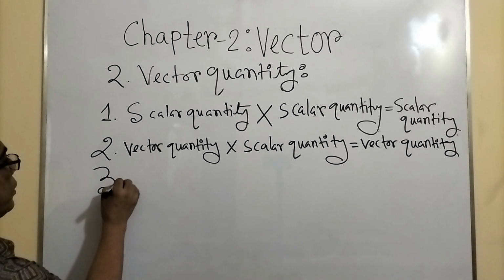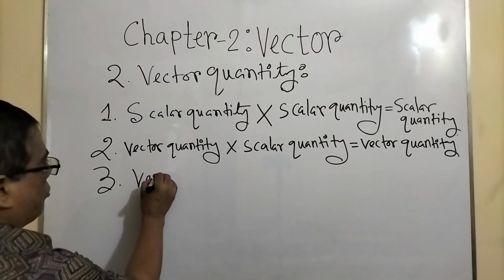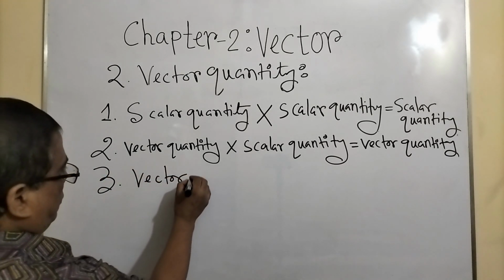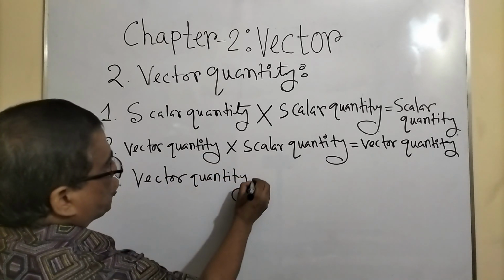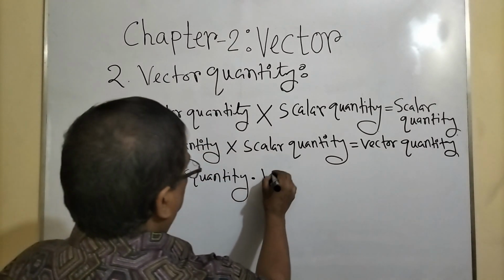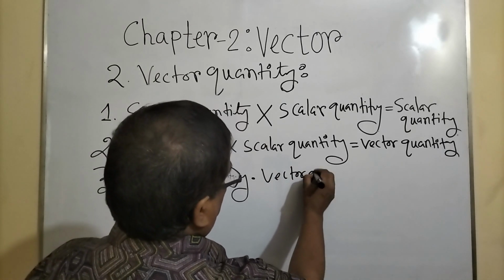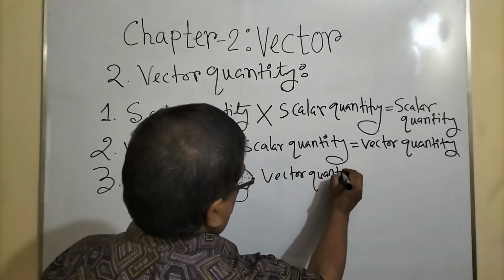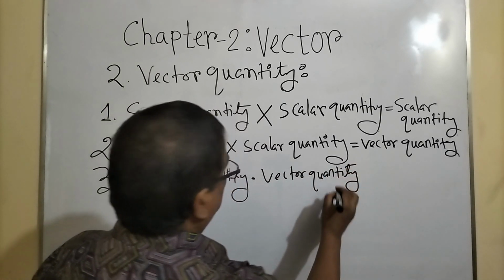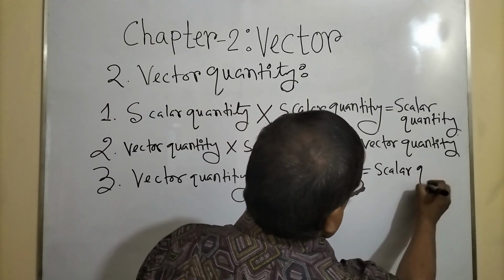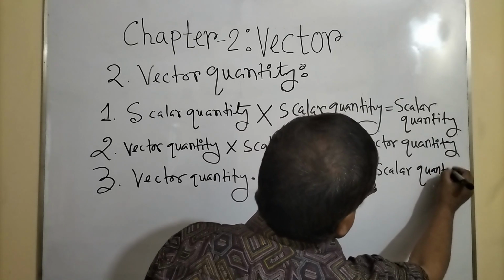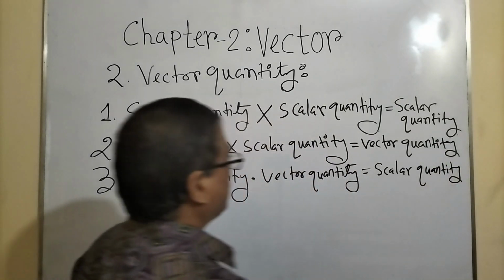Number 3: vector quantity dot multiplication vector quantity equals a scalar quantity. Why?